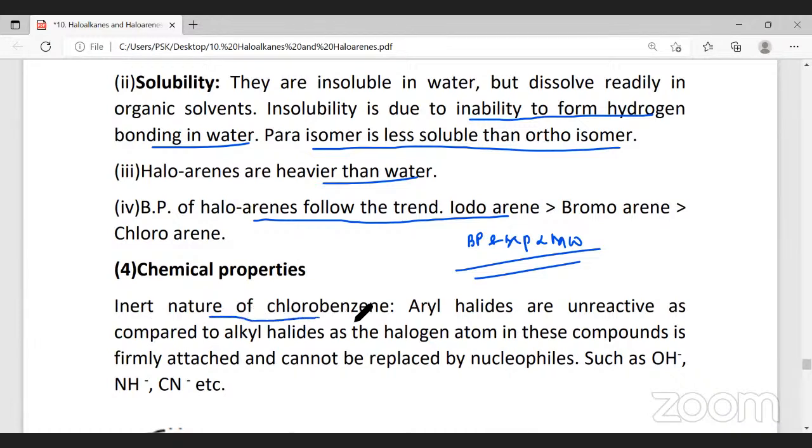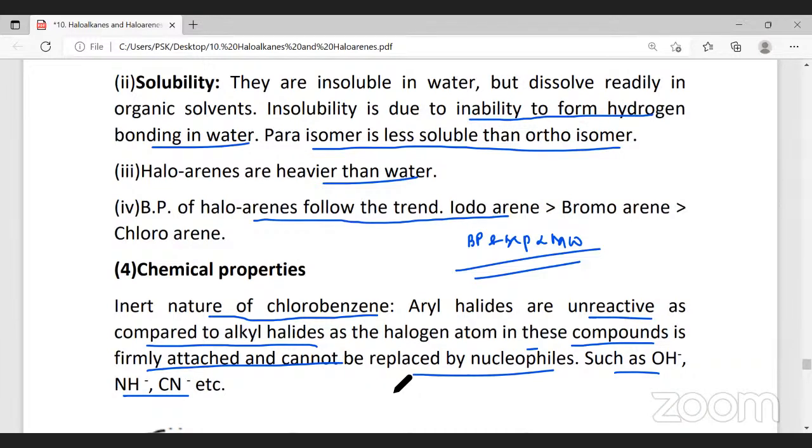Chlorobenzene is inert. Aryl halides are unreactive compared to alkyl halides, as the halogen atom of this compound is firmly attached and cannot be replaced by nucleophiles such as OH, NH2, or CN. So nucleophilic substitution is not as easy as it is with alkyl halides, because in aryl halides the halogen atom is strongly attached to the carbon atom.